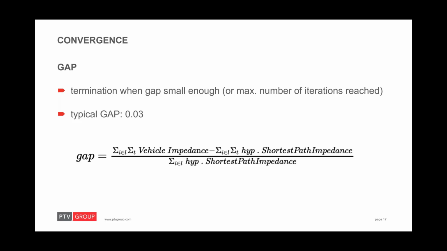So you won't have typically the 10 to the minus 5 type gaps that you see in the static assignments. The other termination criterion, of course, is if the gap is not met, then a maximum number of iterations is specified. And once those are reached, the iterative loop is closed.